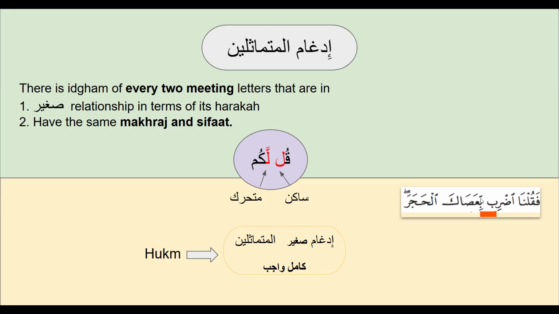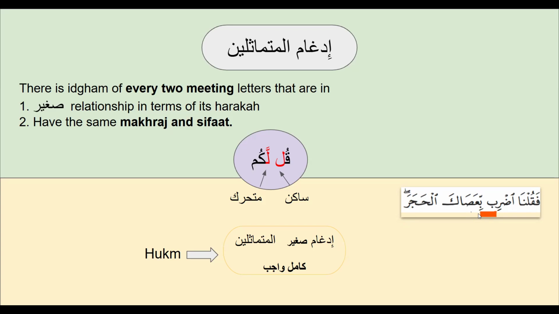So this shadda is an indication that the first sakin letter has been merged into the second mutaharrik letter. فَقُلْنَا اضْرِبْ بِعَصَاكَ الْحَجَرُ. So how would you read when you are explaining the relationship between the two meeting letters and its hukum, means what tajweed rule is applying here?